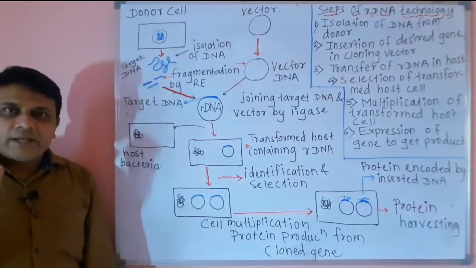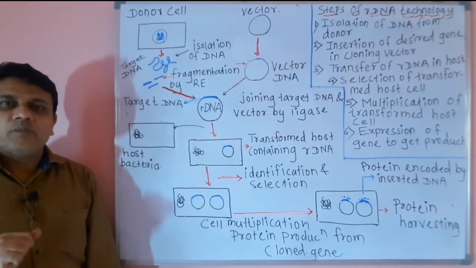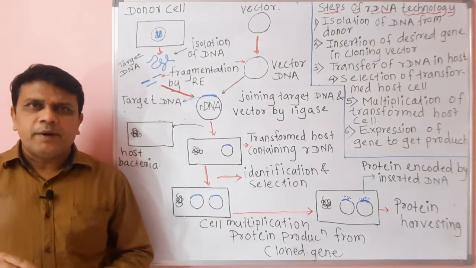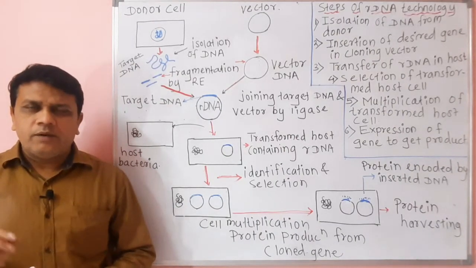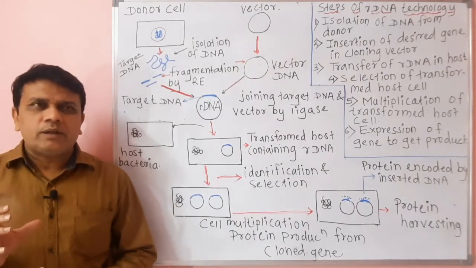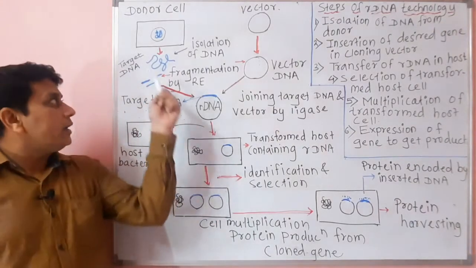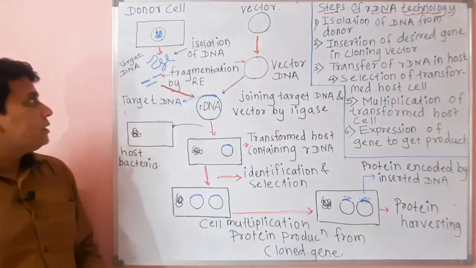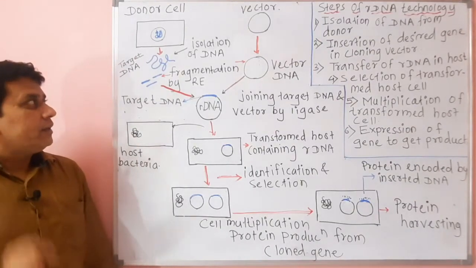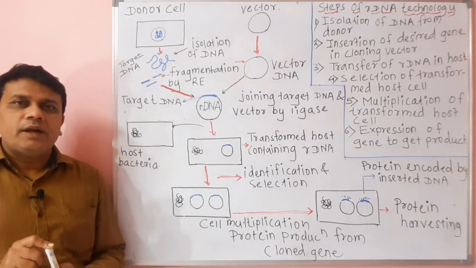To isolate or obtain the DNA from the donor cell, the donor cells are sheared with a blender, that means they are broken, and for this purpose detergents are used. After the breaking of the donor cell, the DNA is isolated, and such isolated DNA is treated with the enzyme restriction endonuclease.